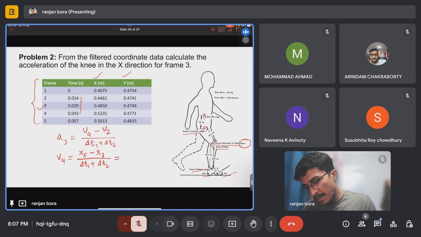What is x5 here? x5 means the fifth frame, which is 0.5613, minus x3, which is 0.485.